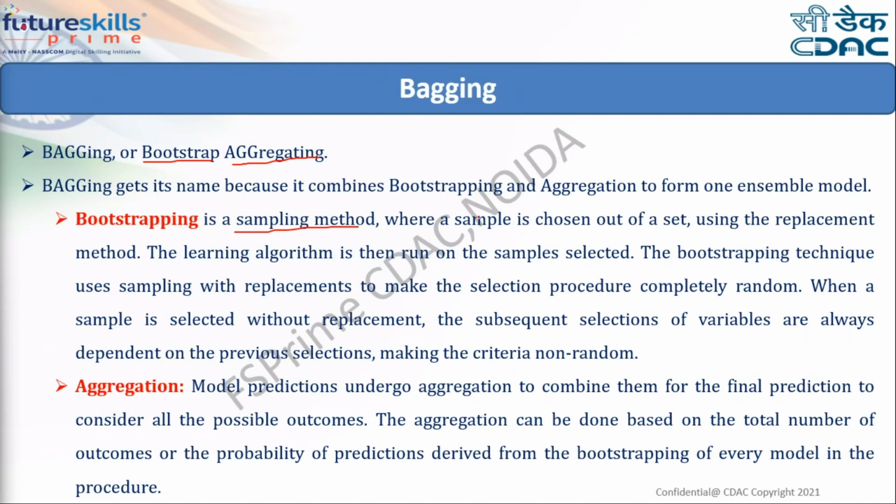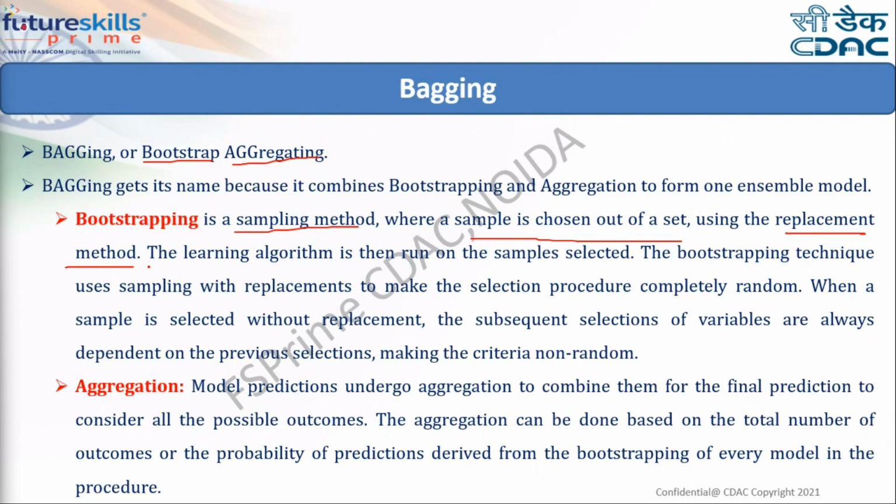So it's a sampling method where a sample is chosen out of a set. I'm talking about those data rows. Those rows will be selected out of a set, using the replacement method. Why is it saying using the replacement method? Because if I have selected the first row in my first model, it is not the case that I cannot use it in my second model.